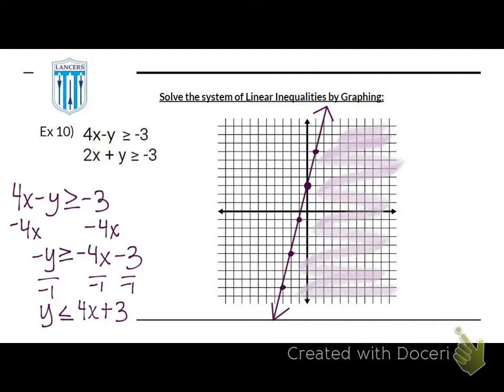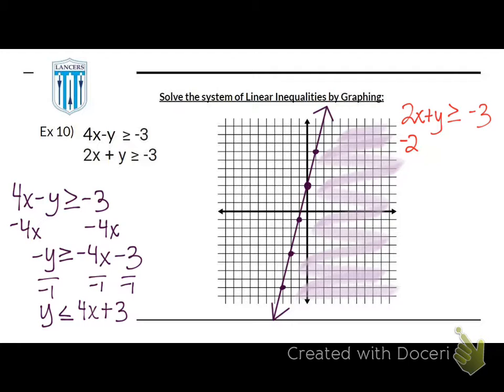All right. Once we get the first one done, we should be working on the second one. Second one, not a whole lot to do, but we do need to move the x term.